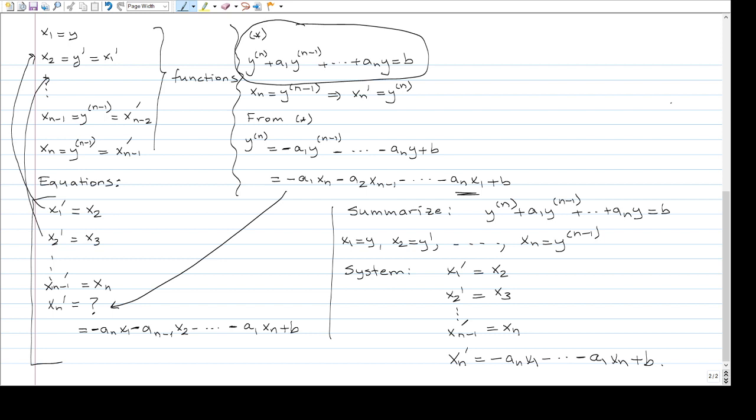So this is how we convert an nth order ordinary differential equation into a system. Okay, so maybe at this point we can consider an example to understand this better.